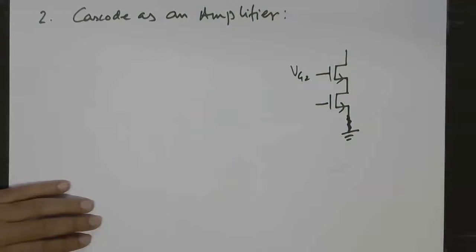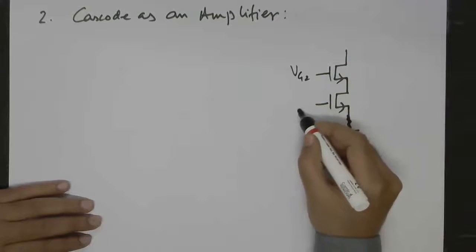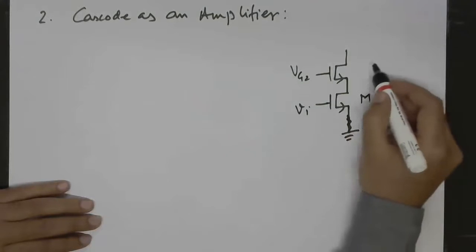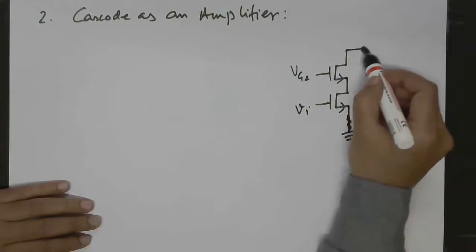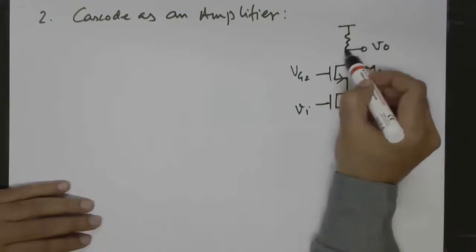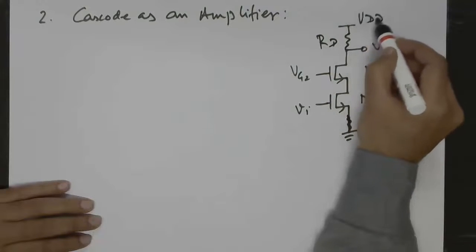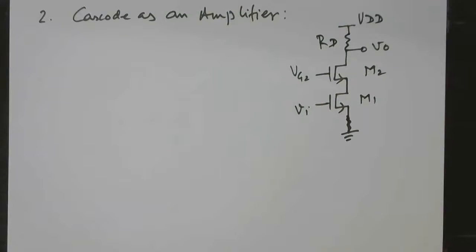So this is cascode. In this case, what we do is we put the input at the gate of the first MOS and take the output from the drain of the second MOS. And then we have RD here, this way.